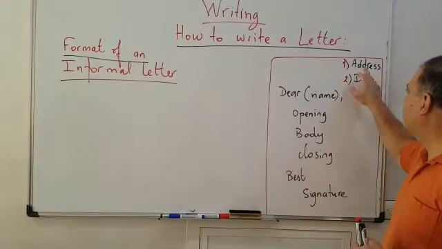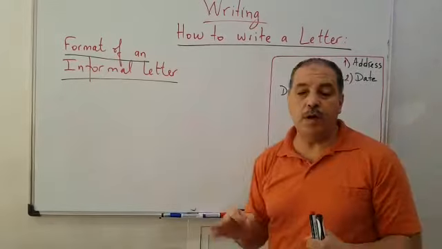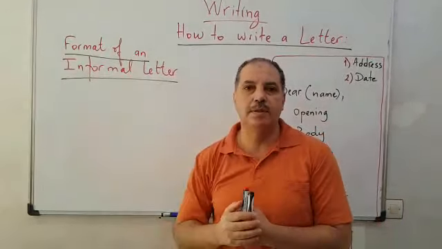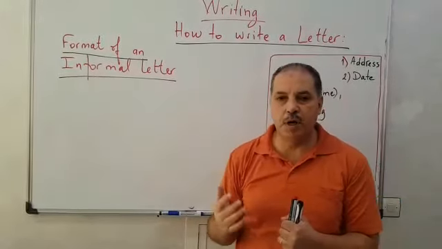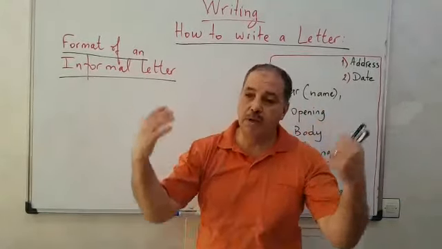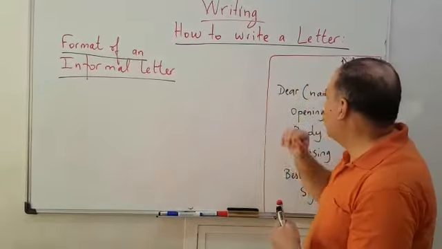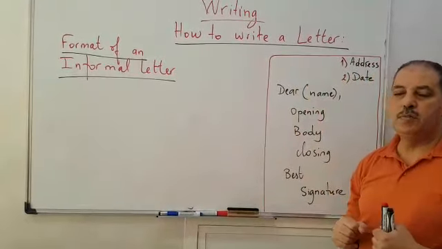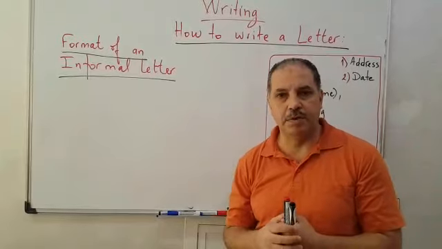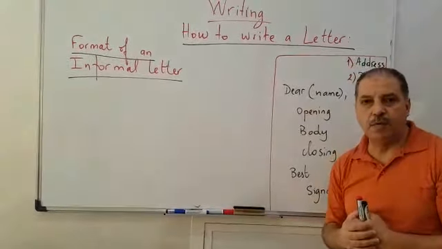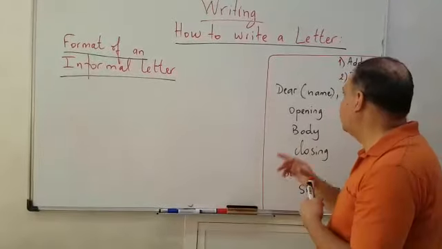And concerning the address, if you are writing to someone who lives abroad, who doesn't live in Morocco, for example, who lives in Europe or USA, you have to mention your country, just to make it easy for sending this letter.